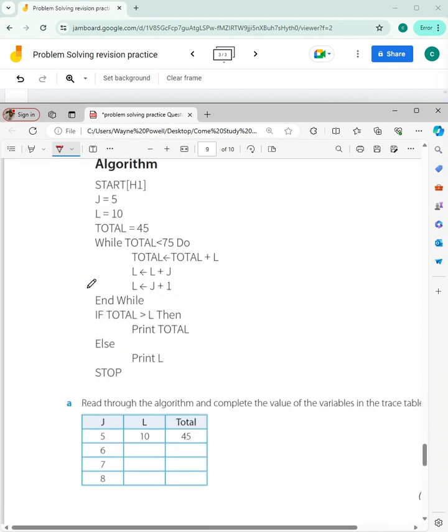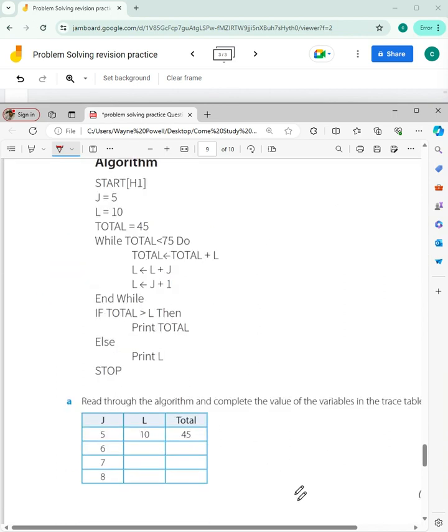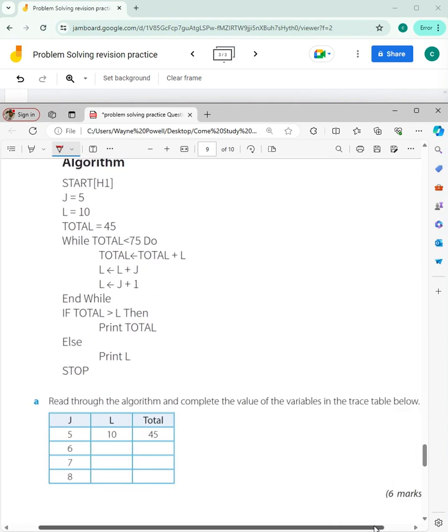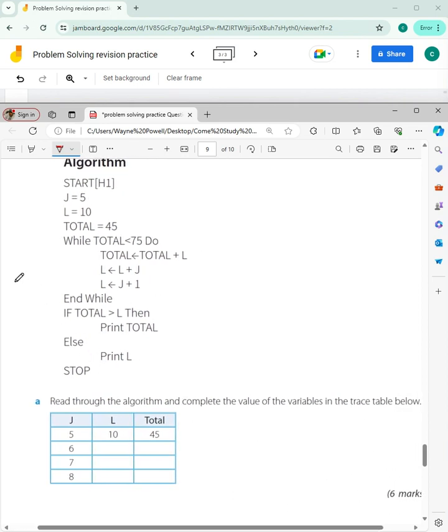Next one. Let's look at this algorithm. It asks us to read through the algorithm and complete the value of the variables in the trace table. What is this algorithm doing?